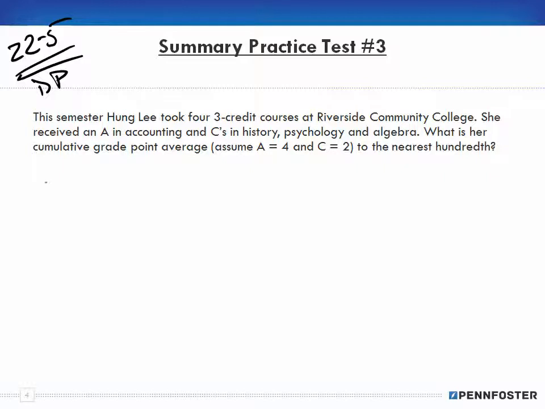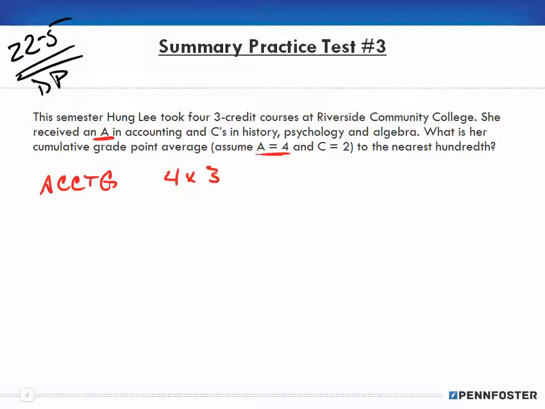So let's see here. Accounting. She received an A, right? And an A is equal to 4 points, so 4 times 3 credit hours.